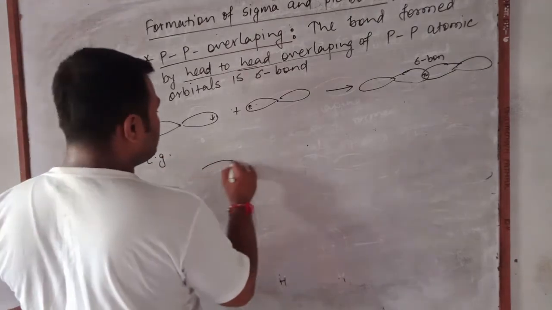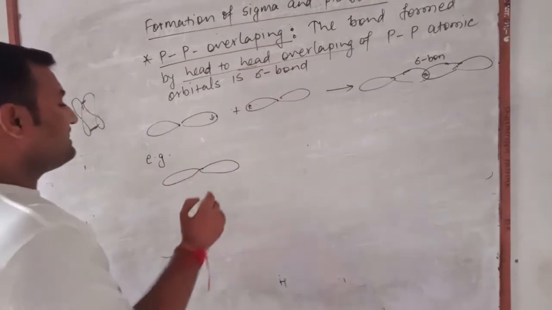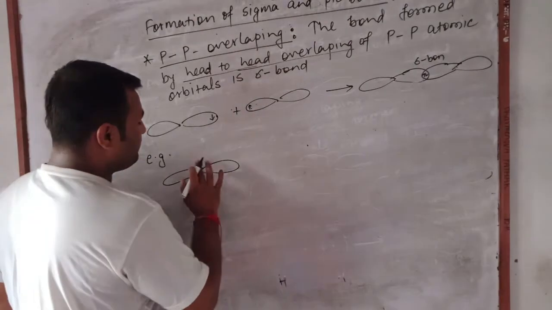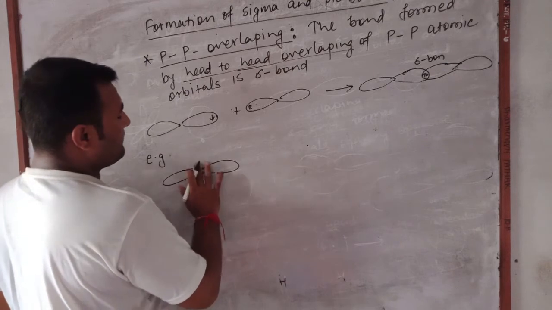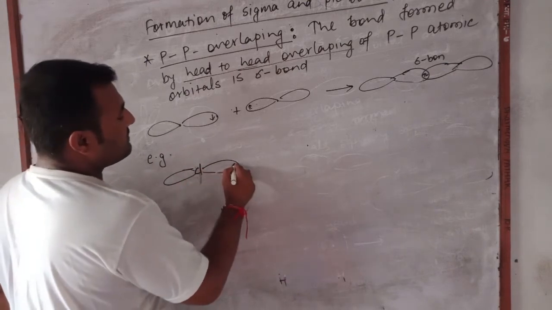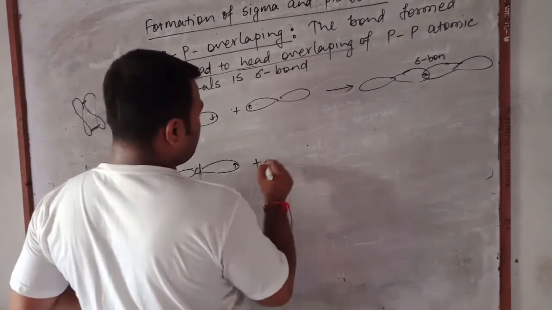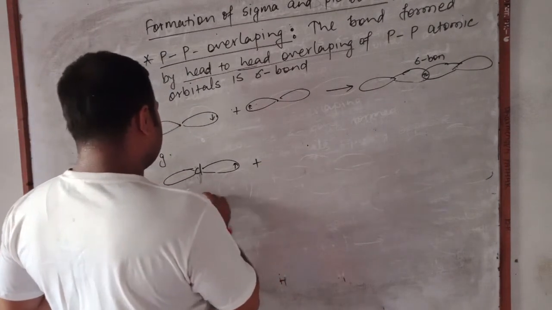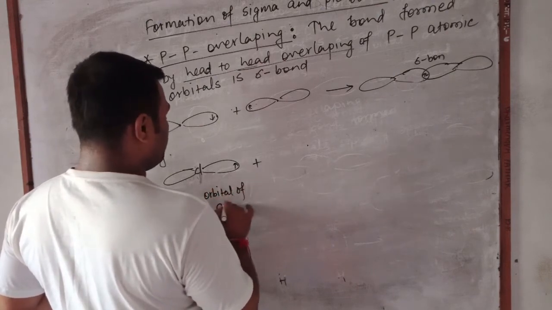Suppose two chlorine atoms, as we already discussed in the structure, the chlorine atom contains one empty p orbital, suppose px, or p orbital of chlorine.